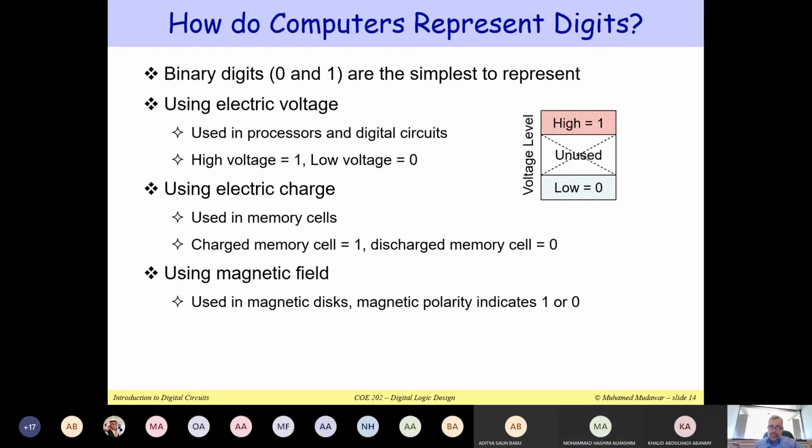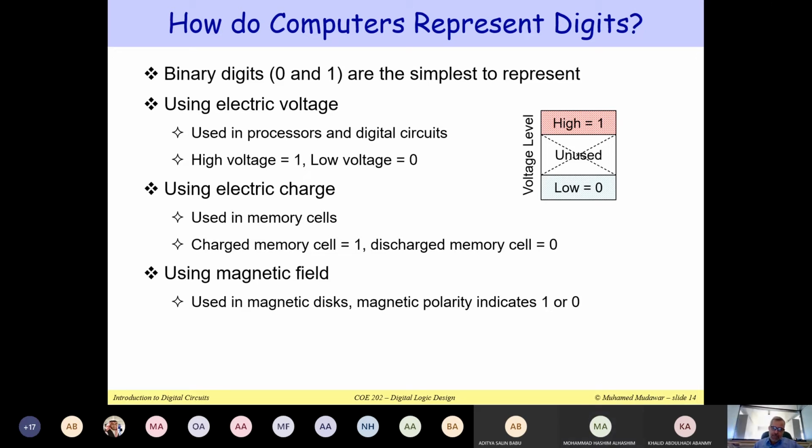We can use a magnetic field. That's a third way of storing a 1 or a 0. This has been used for like 6 decades. Since the 1960s, people have invented magnetic disks and even magnetic tapes, but magnetic disks are very popular. People, for example, store files on a magnetic disk. You can have an external magnetic disk, or you can have it inside your computer system.